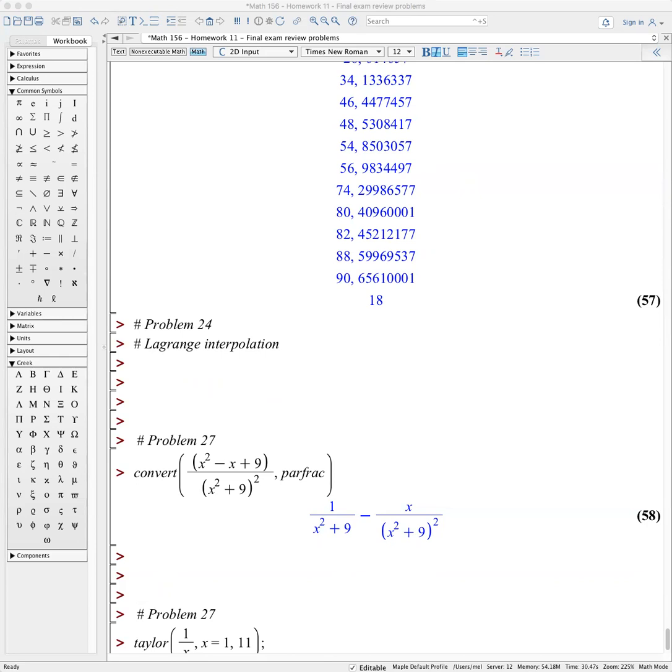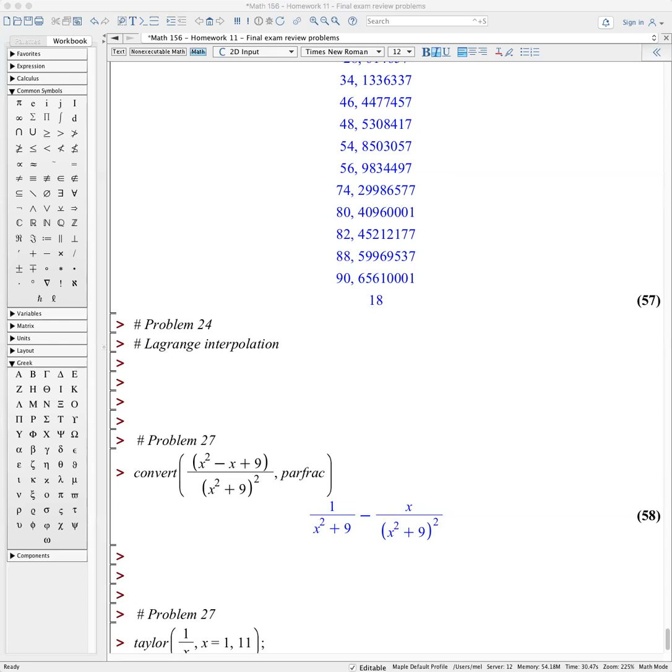Let's try curve fitting. So there is in Maple a package called curve fitting and polynomial interpolation. So you put in this sequence of points, and it gives you a polynomial that takes on the values at those points.